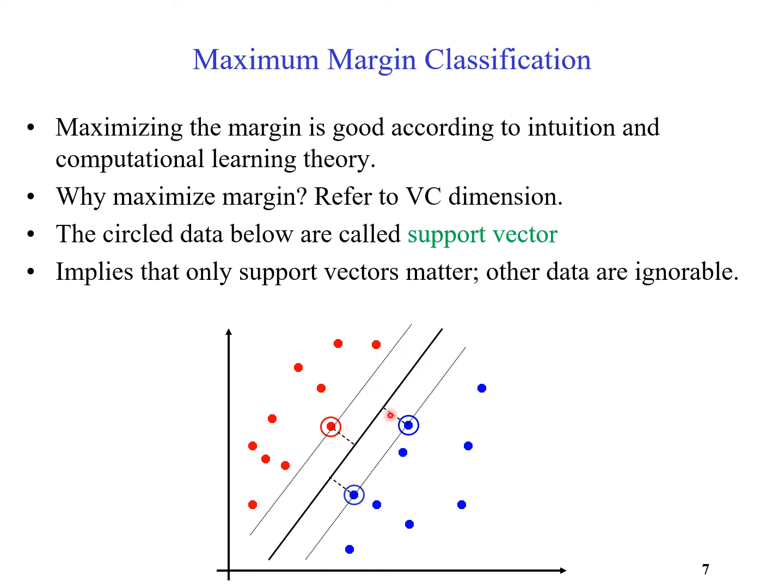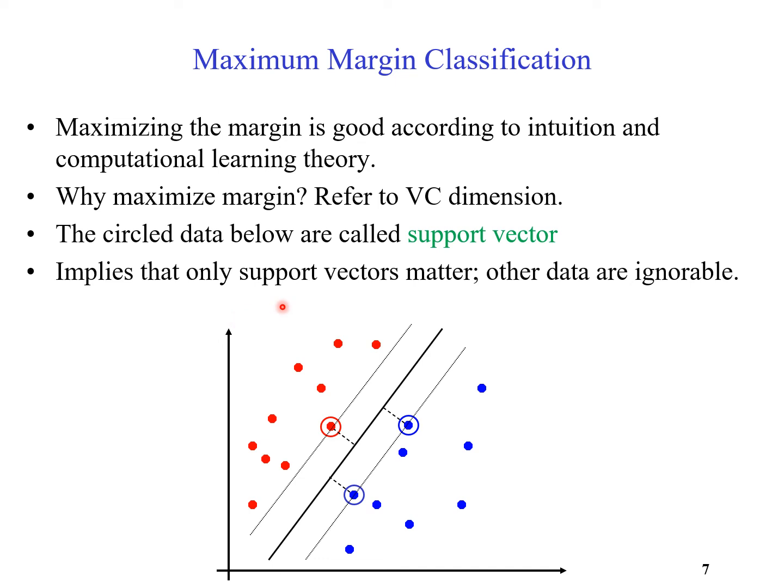Looks good. And also this maximum margin is better based on computational learning theory. If you need a more theoretical explanation of why maximum margin is better, then you can take a look at this lecture. I'm going to skip it in this chapter.